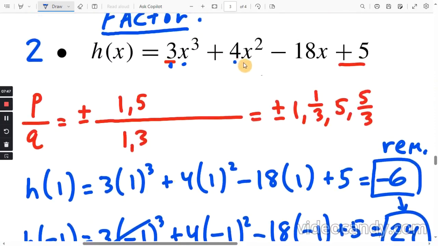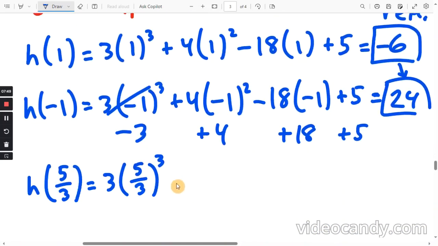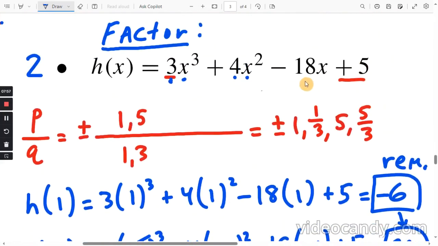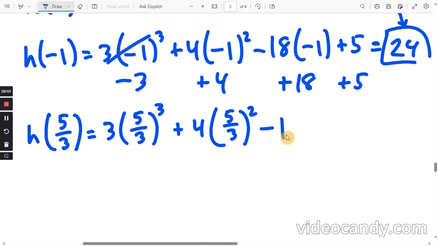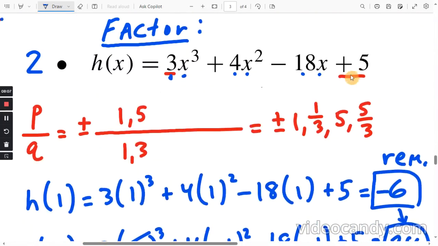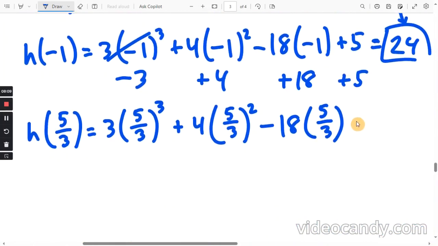And 4 times 5/3 squared. Minus 18 times 5/3. And plus 5.